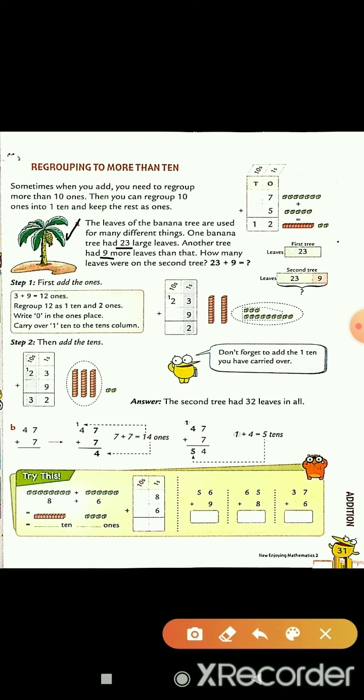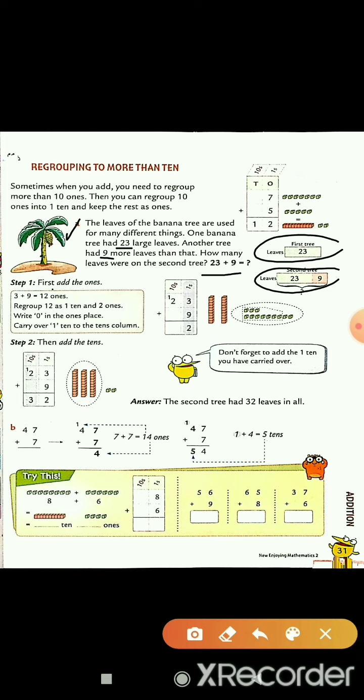So, on the first tree, 23 leaves are there, and on the second tree, 9 more leaves than 23 are there. So, if we want to find how many leaves were there on the second tree, we need to add 23 and 9. First of all, write 23 plus 9 properly according to their place value.